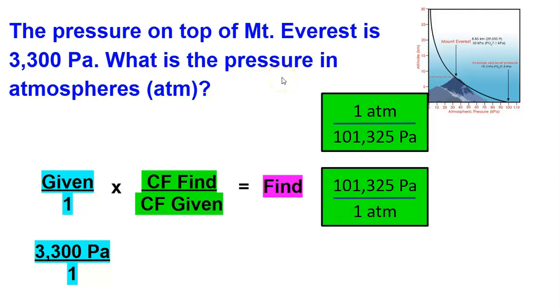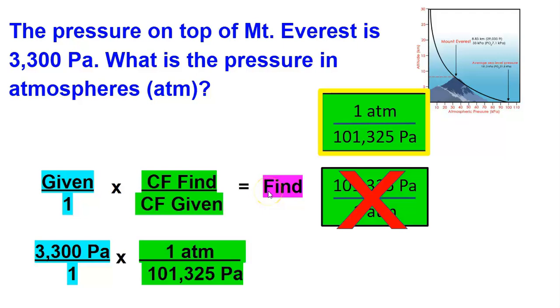That's right, we would use the top one, because remember, we're trying to cancel out pascals. In order to cancel out pascals in the second fraction, pascals must be in the denominator. Again, the units that we want to cancel out must be opposite. So now that they've canceled out, the only unit we have left is atmosphere, which is our find.